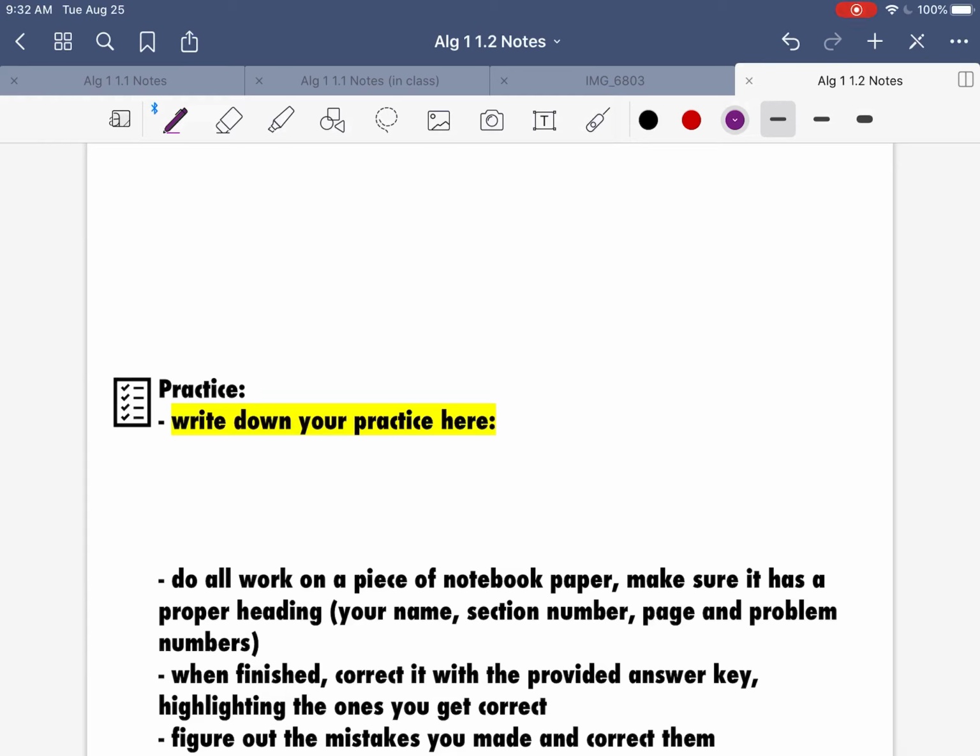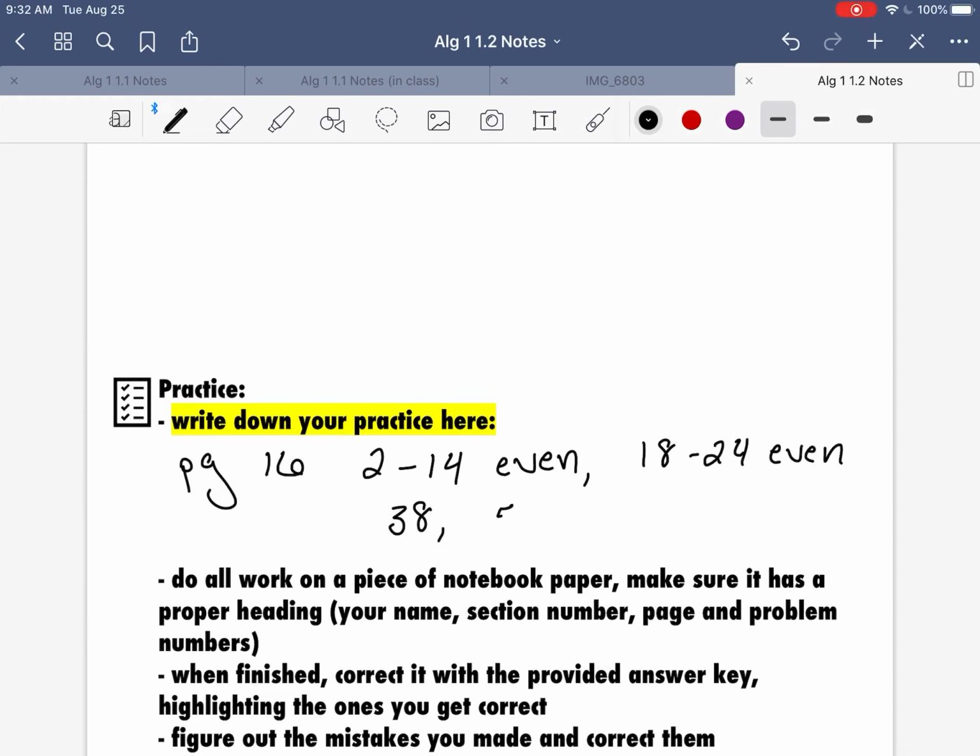So you are going to be doing, on page 16, you are going to do 2 through 14 even, 18 through 24 even, 38, and then 57 through 65.